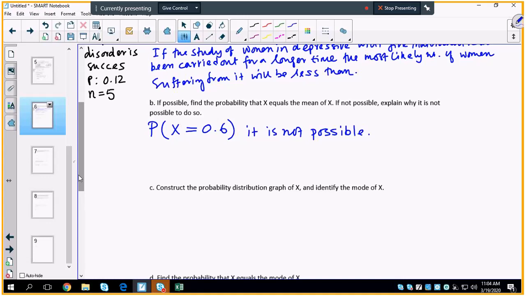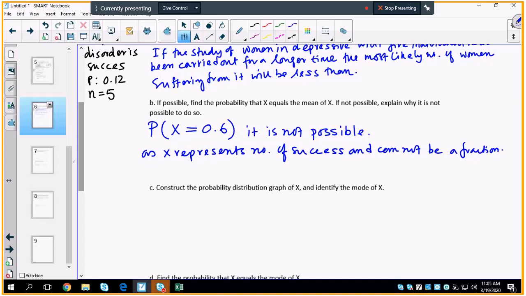It cannot be a decimal number. So I will say that X represents the number of successes and cannot be a fraction. It should be a whole number, because my mean is 0.6, a fraction, it cannot be found.